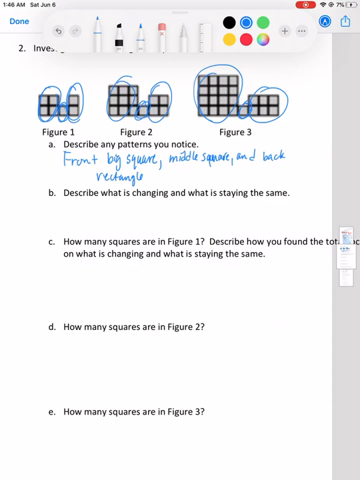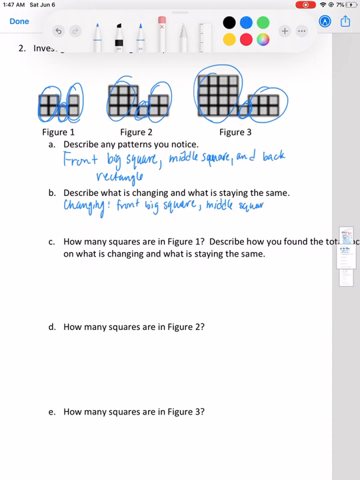Describe what is changing and what is staying the same. Okay, so our front big square seems to be changing. Middle square. That doesn't change.